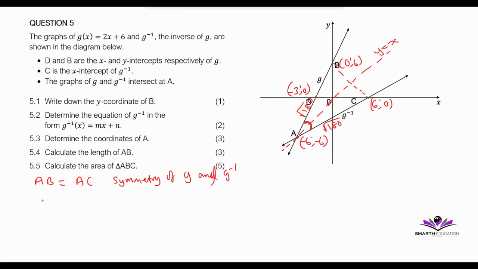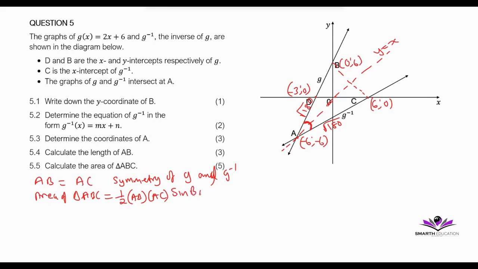So according to the area rule, area of triangle ABC is equal to half AB times AC, then sine BAC, which is this angle here.